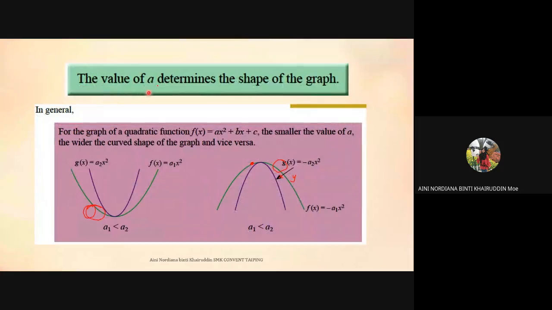The value of a determines the shape of the graph. As I mentioned earlier, if a is a positive number, so we smile. So smile shape graph. If a is a negative number, so sad shape graph.